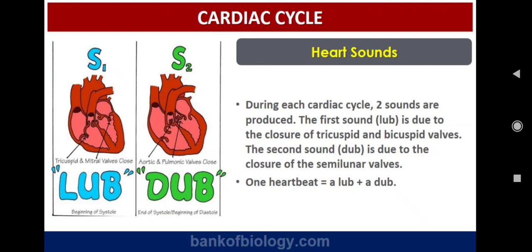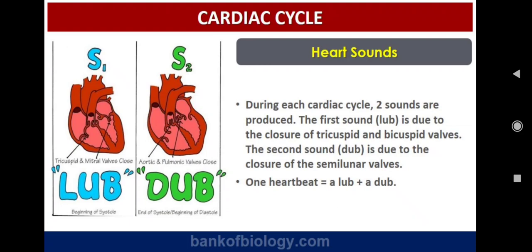And now let us discuss heart sounds. How do the lub and dub sounds occur from the heart? During each cardiac cycle, two sounds are produced. The first sound, lub, L-U-B, is due to the closure of the tricuspid and bicuspid valves.